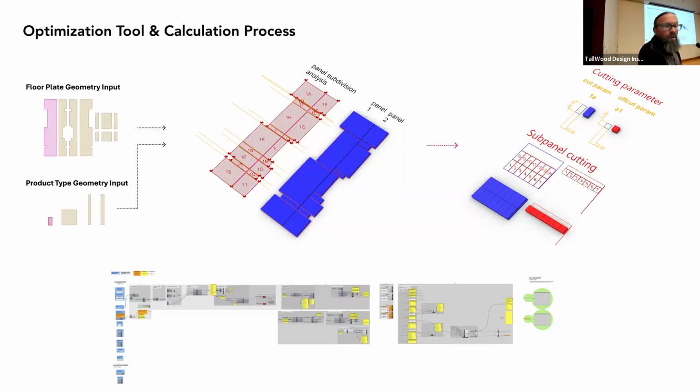And on the right, after that subpanel cutting stage, there are subsequent cutting stages of those output products. In this case, a 12 by 24 inch block in blue, and then a half block, 12 by 12 in red, from those remainder pieces.